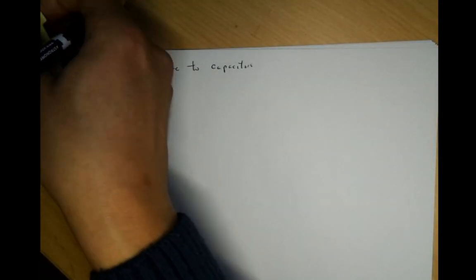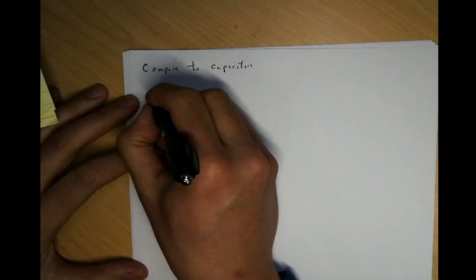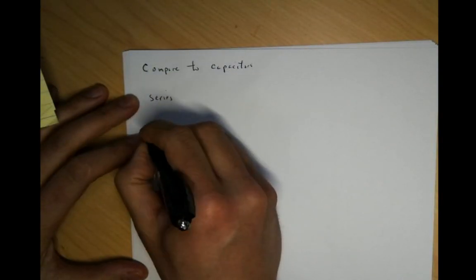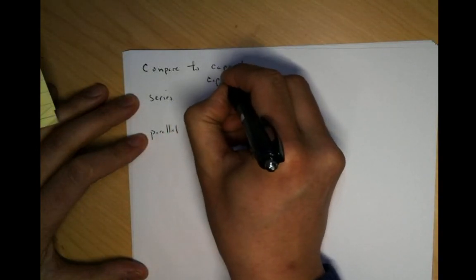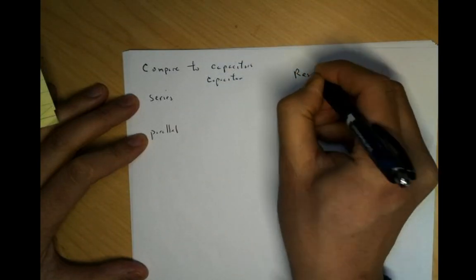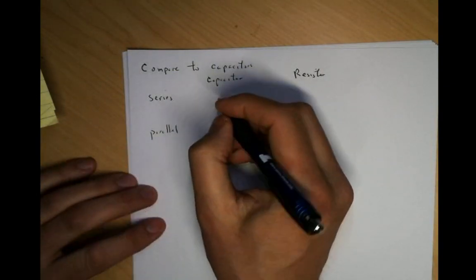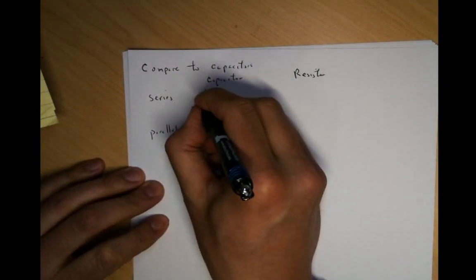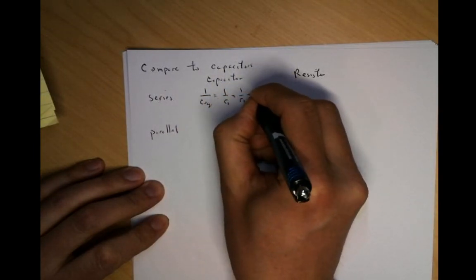So in that case, for series and parallel, capacitor and resistor. In series, if you recall, 1 over C equivalent is equal to 1 over C1 plus 1 over C2 plus dot dot dot.